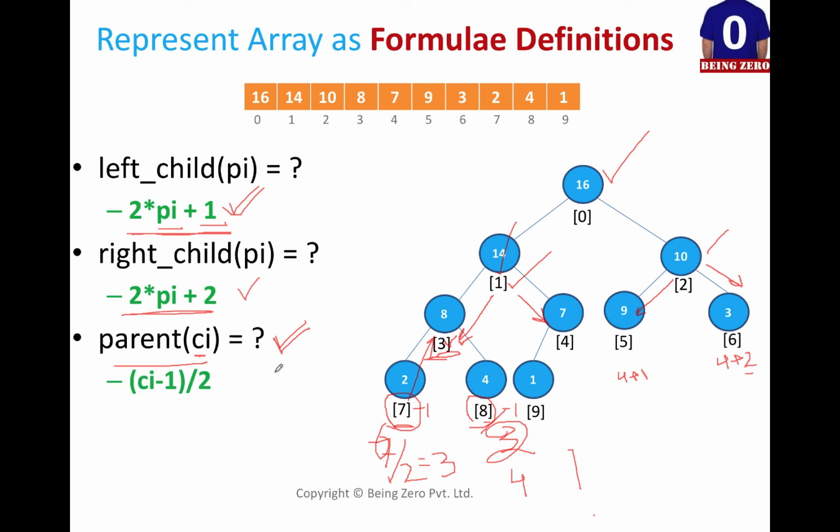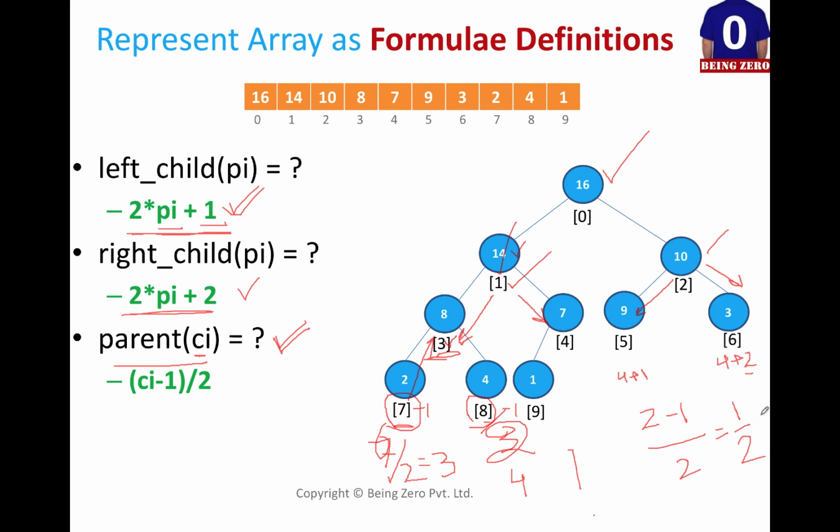So why not define the formula as (Ci minus 1) divided by 2, which will give us the parent for any given node. For the parent of this, it will be (1 minus 1) divided by 2, so 1 minus 1 is 0, 0 divided by 2 is 0. In the same way, (2 minus 1) divided by 2: 2 minus 1 is 1, and 1 divided by 2 gives an integral answer.